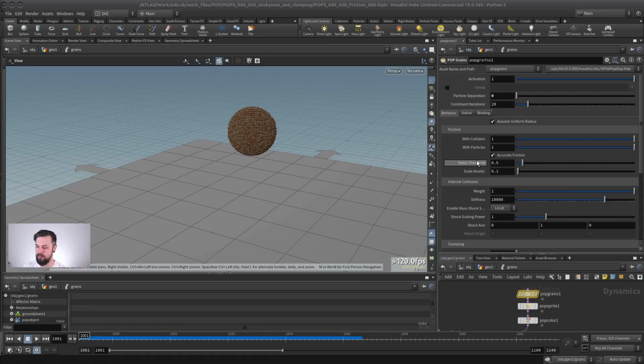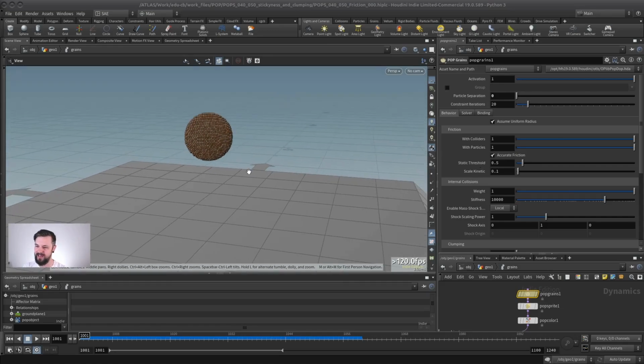Basically, what those two numbers mean is, the idea is here a little bit similar to the dynamic friction that we talked about very early in POPs. And that is, the slower a piece of grain is, the more sticky it behaves, or the more friction it has. So if you have a grain particle that is super fast and gets in contact with another grain particle, when it's very fast, it will create no friction whatsoever.